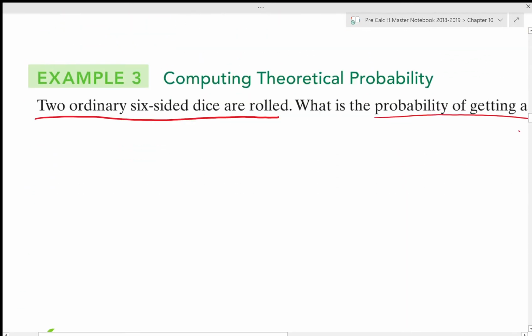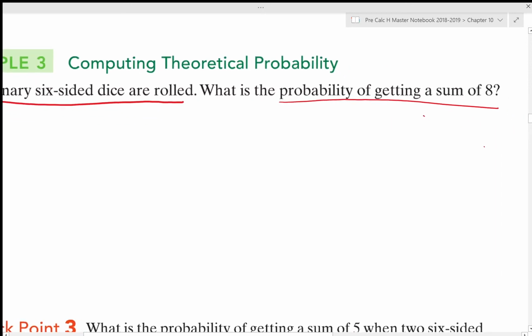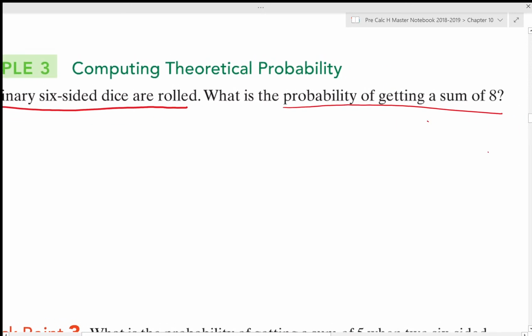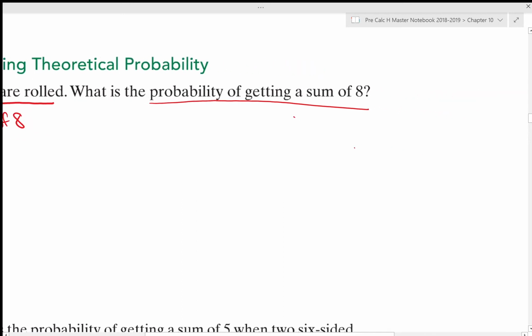Now what if instead of one 6-sided die, I give you 2? What is the probability of getting a sum of 8? So I'm going to make A the sum of 8. Now because we're throwing 2 dice, it's not a 1 in 6 chance anymore. We have to think like the counting principle that we talked about in 10.6. We think about the first die.